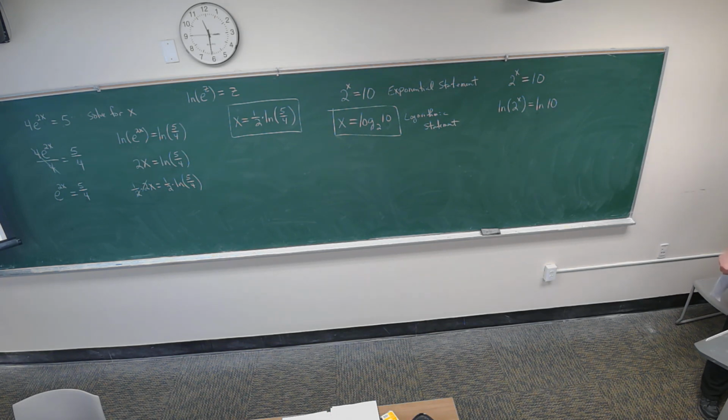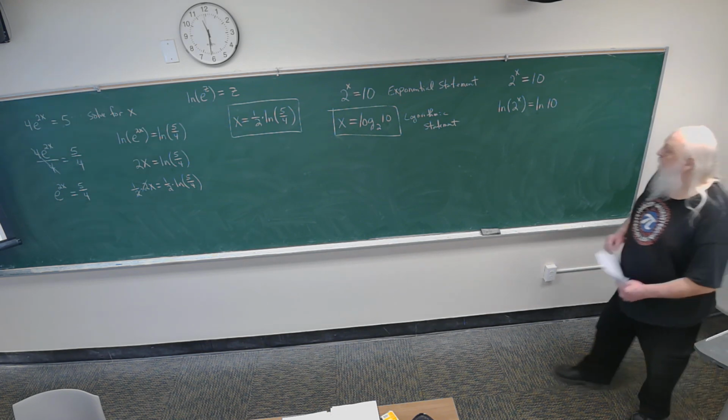By the power rule, the log of 2 to the x, the log of m to the c power, I can bring that exponent c down in front of the logarithm, right? And that's equal to c times the natural log of m.